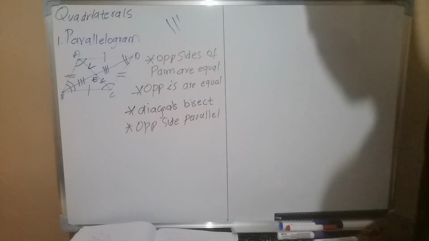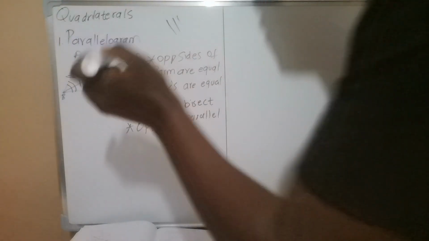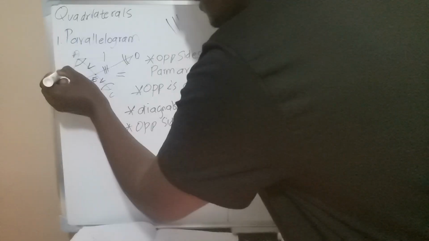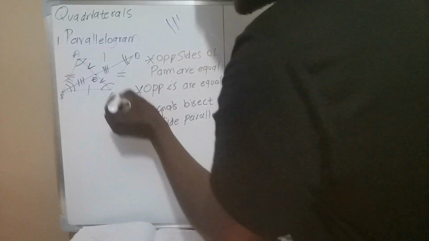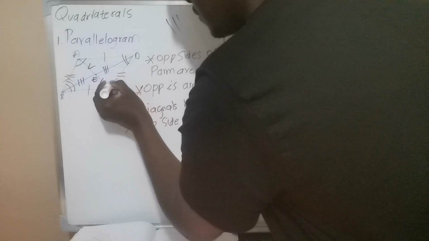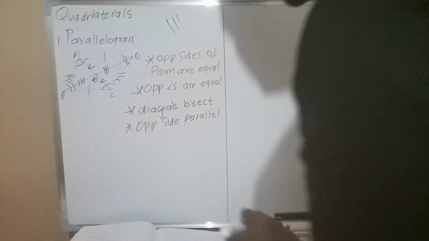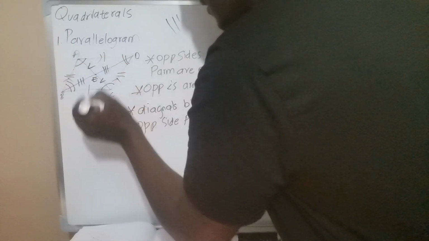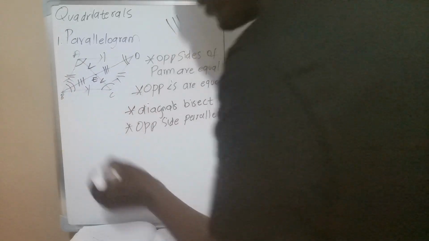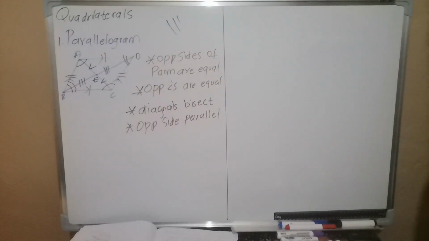You know how to show parallel lines on the diagram. That's how you show parallel lines on the diagram, and that's how we prove a particular quadrilateral is a parallelogram.